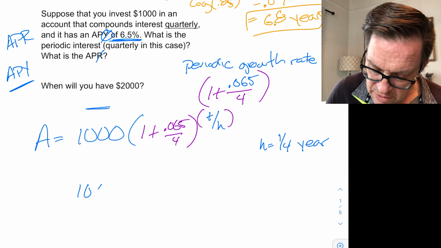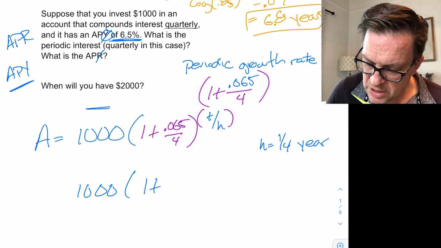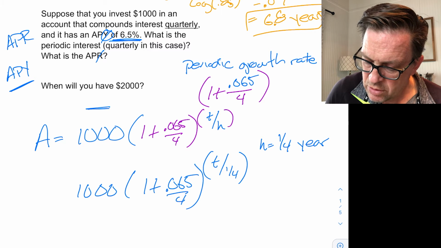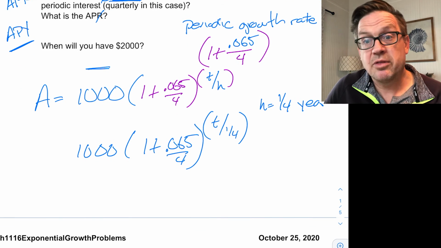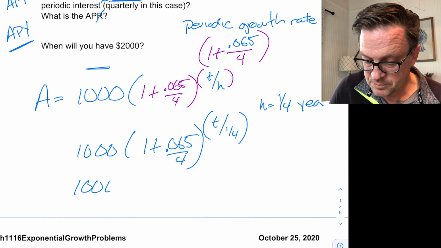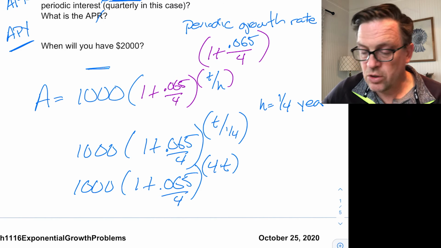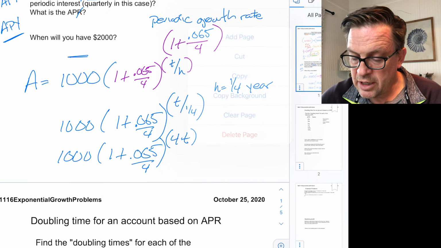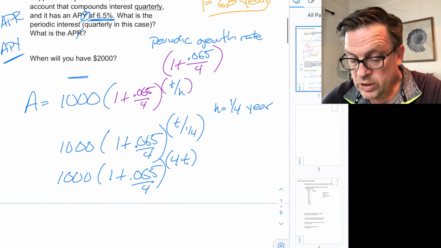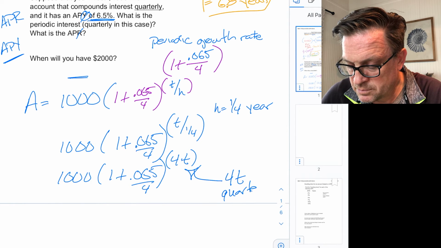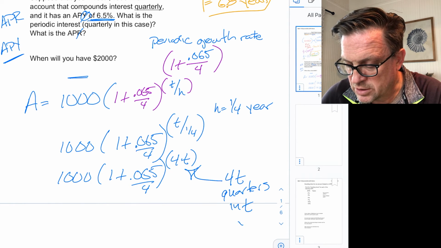Well, what is 1,000 times 1 plus 0.065 over 4 to the t over 1/4? If you divide by 1/4, that's the same as multiplying by 4. And if you remember, when we first did compound interest, we talked about there being 4t quarters in t years.